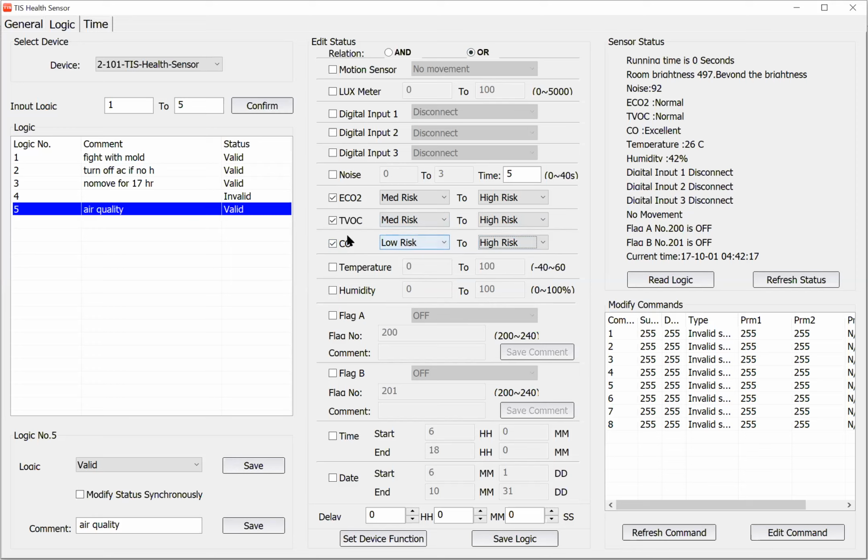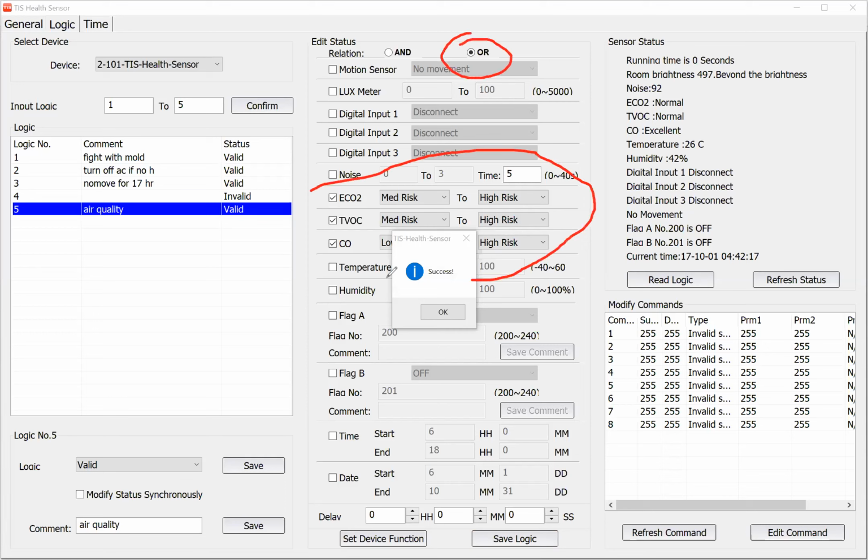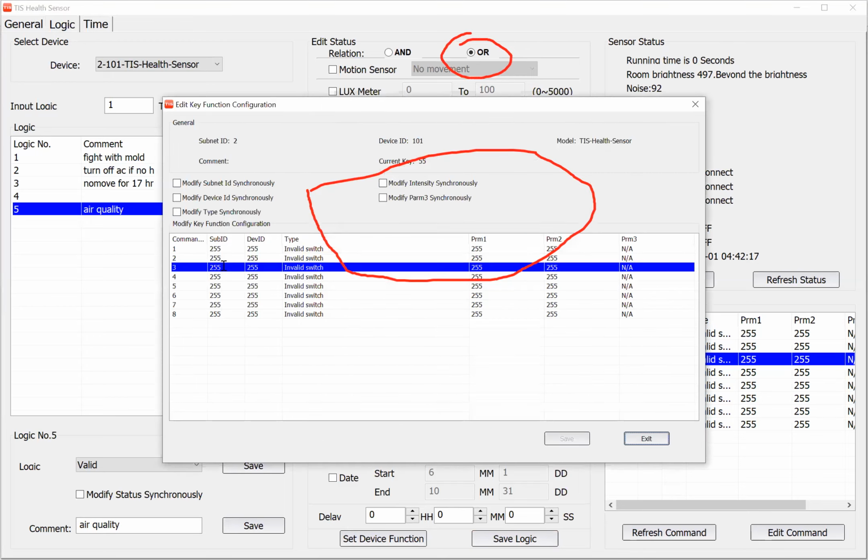Therefore, I said if it's from low risk to high risk, even if the CO is low risk, it's very dangerous. Therefore, look at the relation: I choose the relation OR between these three conditions. Then here I program to turn on the fresh air or exhaust fan.